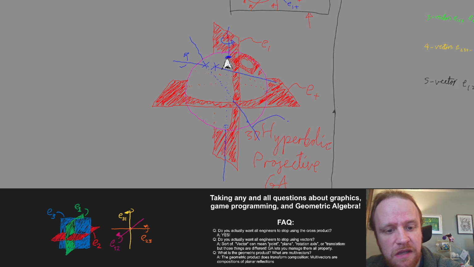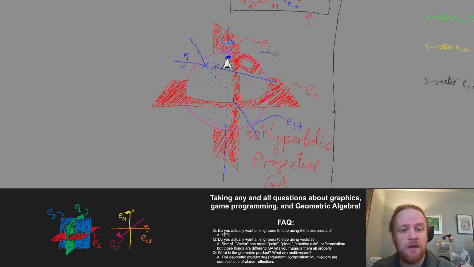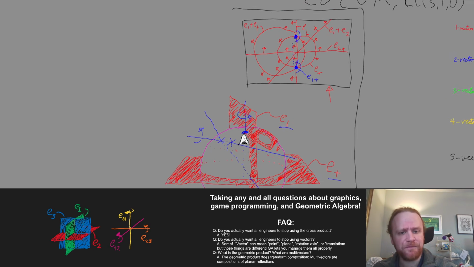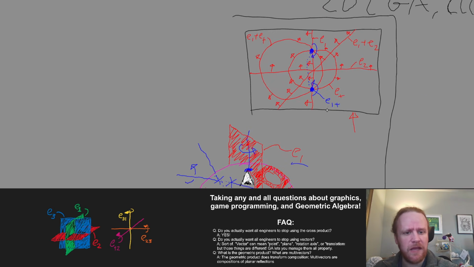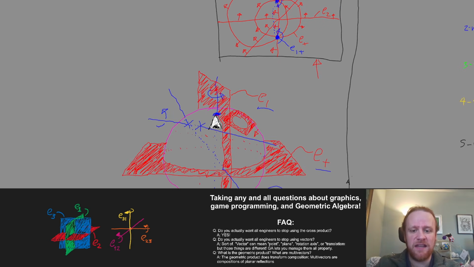This is E1+, because it's the intersection of E1 and E+ in this space. And if you ask, what does the eye see when it sees this? The answer is it'll see the place where it pierces the sphere, and it'll see this place where it pierces the sphere. And that will be those guys, because that is one single algebraic object.